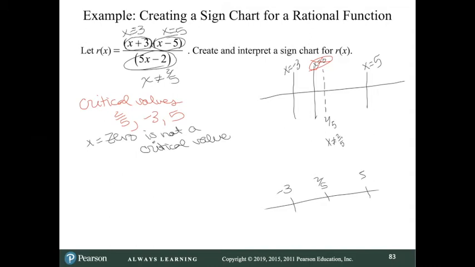And in between these critical values, we need to know, is it going to be positive or negative? So let's test our first critical interval, a number less than -3. So if I pick a number less than -3, let's just choose -4.